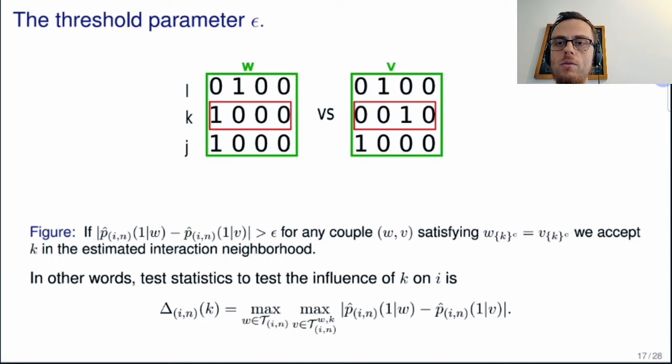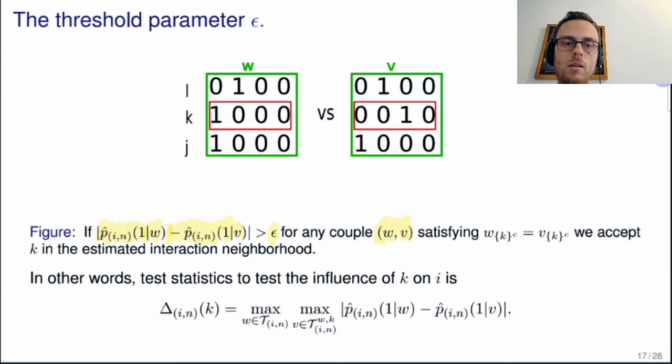We can fix a threshold parameter epsilon, a number between 0 and 1, and then take a pair of local pasts which are identical outside k, and we can say that k is in fact influencing neuron i if the difference between p hat_n^i(1 | w) and p hat_n^i(1 | v) is larger than this fixed threshold parameter epsilon.